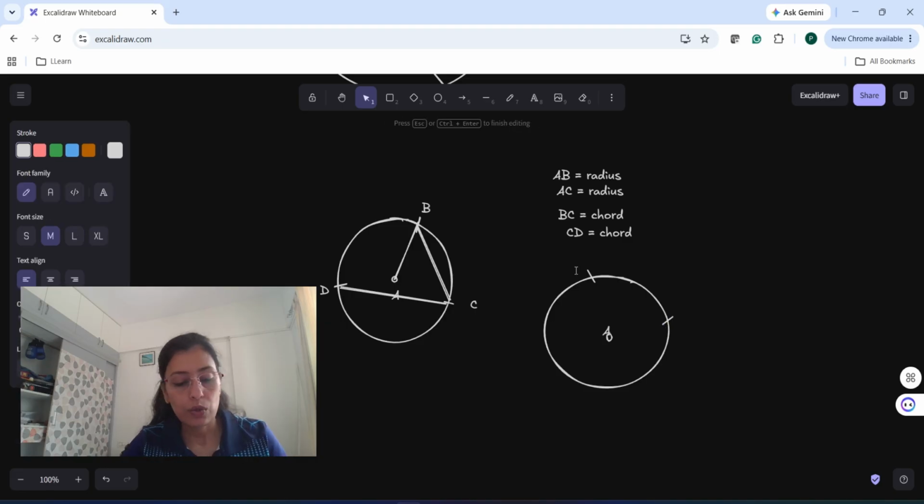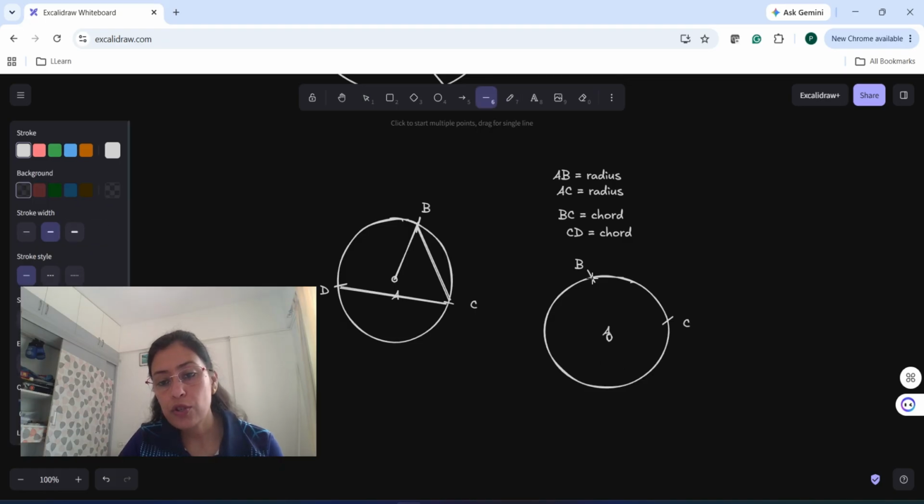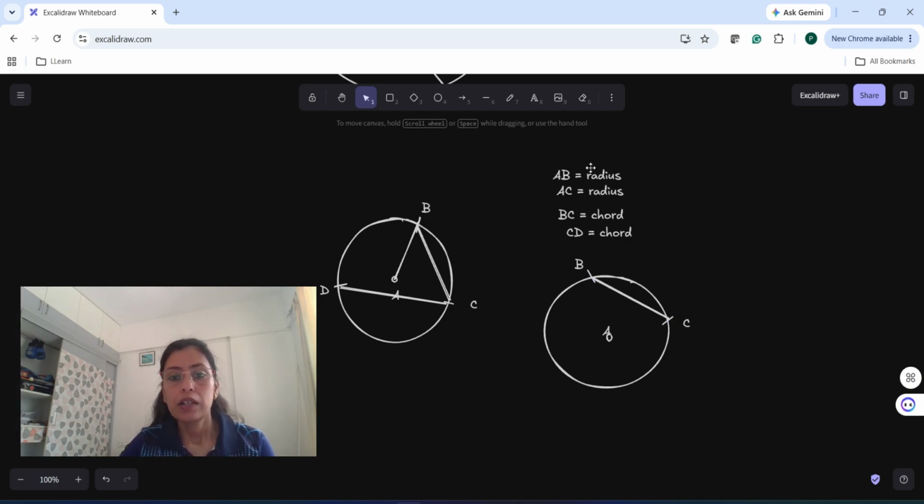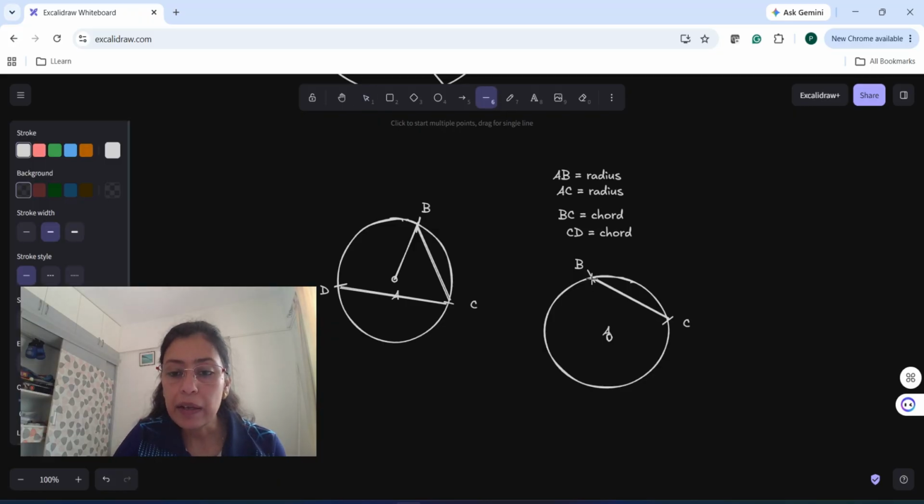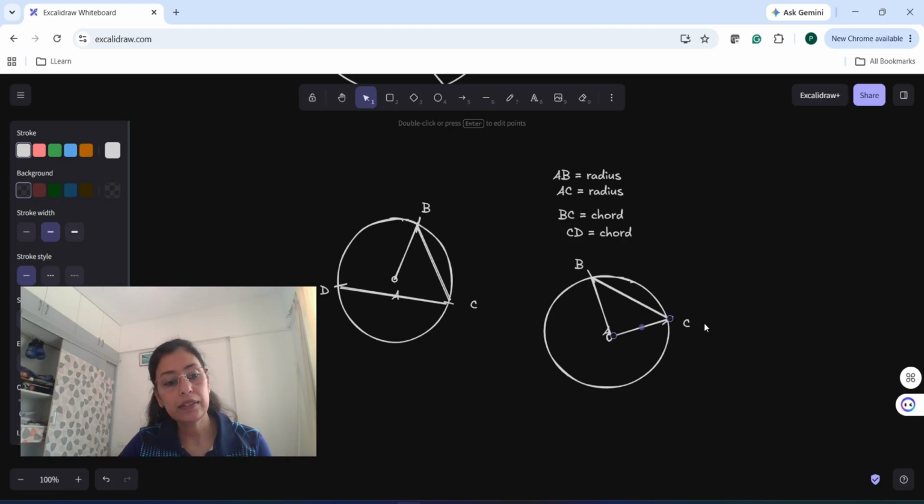So this is point B and this is point C. Now I join these 2 points on the circle. This makes the chord BC, as I have told. Now A is the center of the circle, so AB will be the radius. Similarly, AC will be the radius of the circle, right?